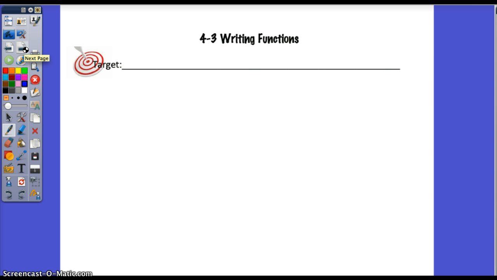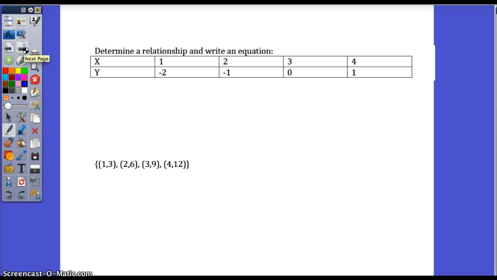So today we're going to be writing functions from tables and from ordered pairs. So your target is, I can write a function. Couple of things we need to do. The first directions say determine a relationship and write an equation.